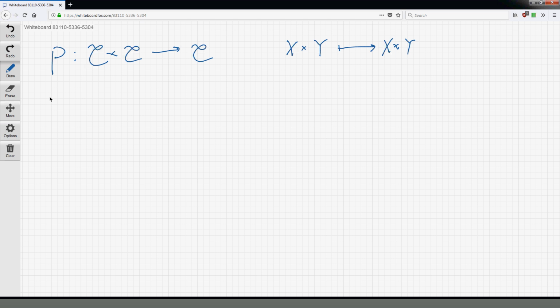So if you have an object in C, we've obviously seen what happens when we fix one of the objects, but you can also just map. I'm going to draw the functor out first. This is a delta, capital delta, where the delta stands for diagonal. This is called the diagonal functor, and it goes from C to C cross C.